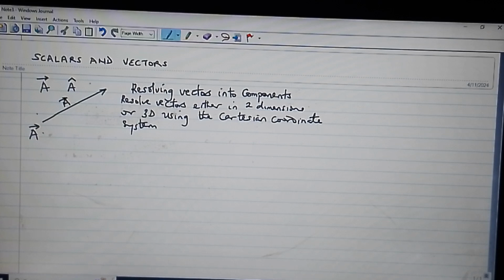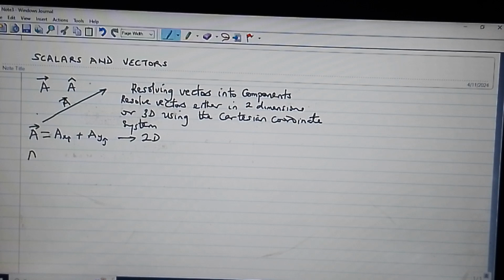I would say A is equal to A_x i plus A_y j. In 3 dimensions, this is for 2 dimensions, please.